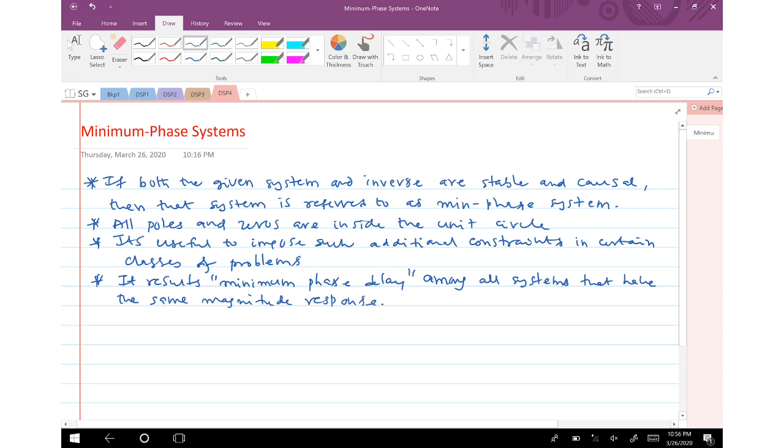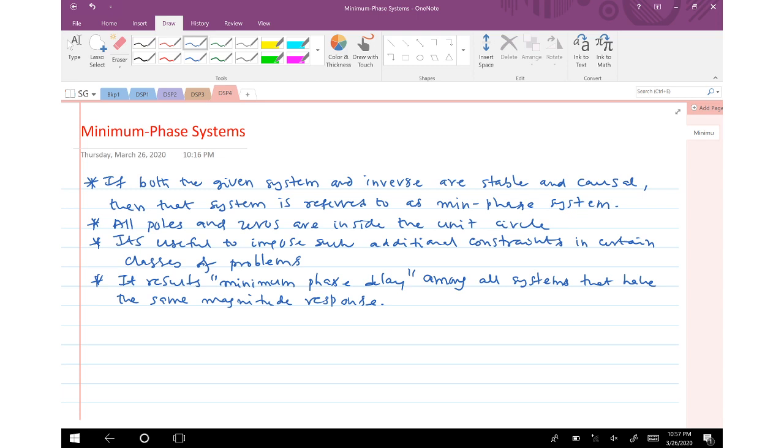To understand it better, we have already discussed in the earlier classes that multiple systems can have the same magnitude response, despite having poles and reciprocal conjugate poles, as we discussed in the last couple of classes. The important thing in the case of a minimum phase system, where both poles and zeros are inside the unit circle, is that it will have a minimum phase delay.